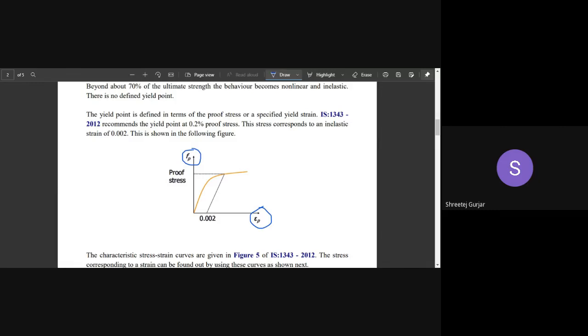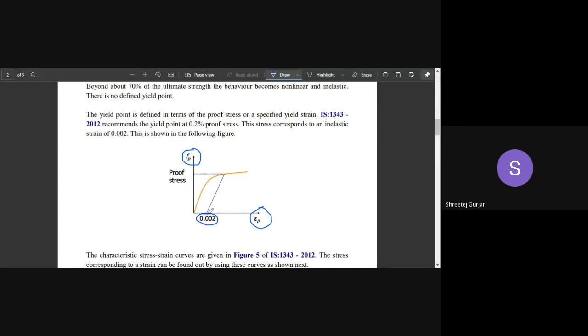How do we determine it? You can see in this curve, 0.2% means 0.2 divided by 100, so it will be 0.002. At this particular strain value, you draw a line parallel to the initial straight line.